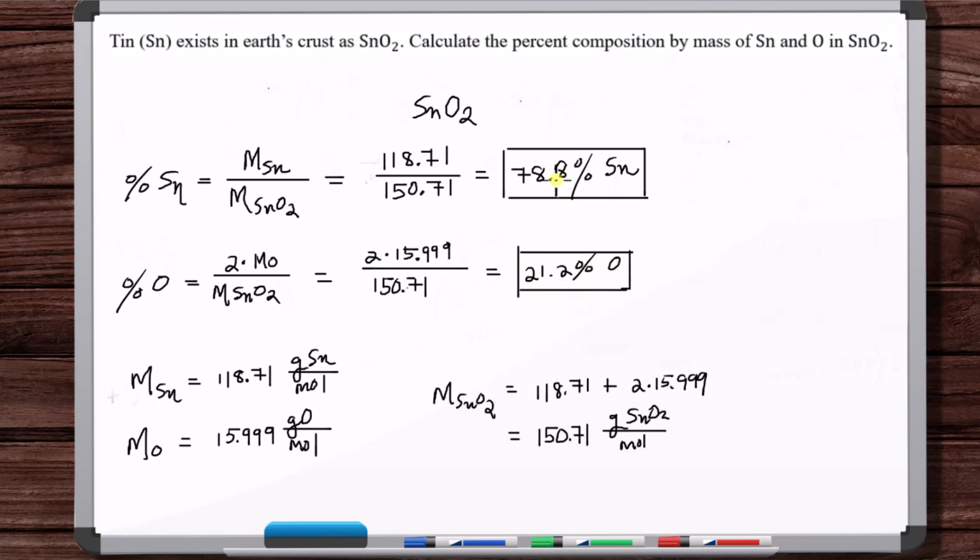And we could have just subtracted 78.8% from 100, because if 78.8% of this is tin, the rest must be oxygen. But if you had more than 2 elements, then this is the process we would do.